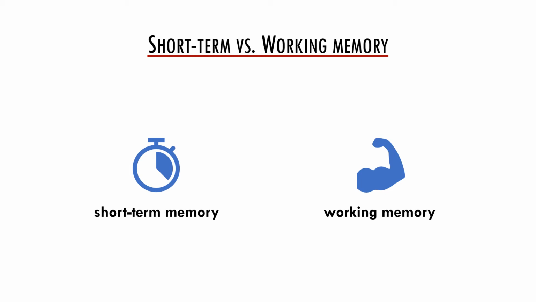However, this is very limited because it does not cover the processes which operate on stored information. The concept of the working memory, on the other hand, covers both the storage or retention of information, but also the manipulation of information. We may say that the short-term memory is seen as a temporary store, whereas the working memory as a mental workspace, which is crucial for reasoning, comprehension, learning, and so on.